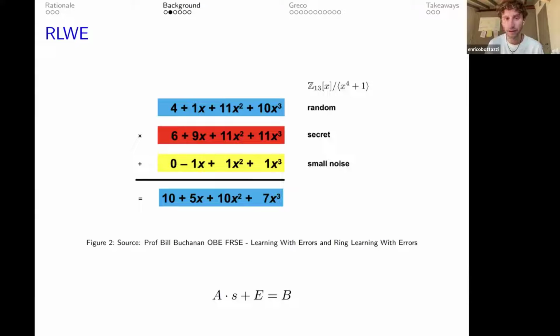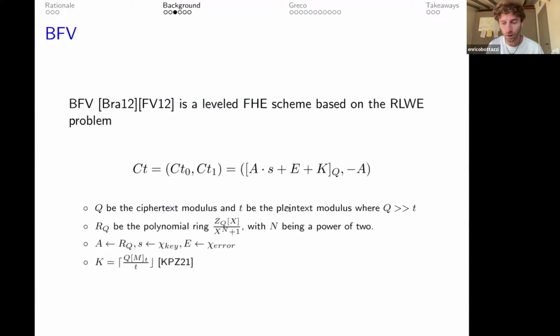You just divide your polynomial by this and take the remainder, and this remainder will be a polynomial inside this ring. You can tell that all the polynomials of degree less than, in this case, 4, whose coefficients are integers modulo 13, are included in this ring.